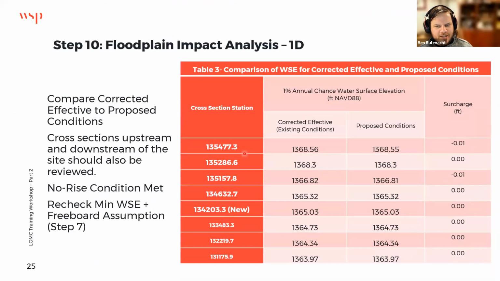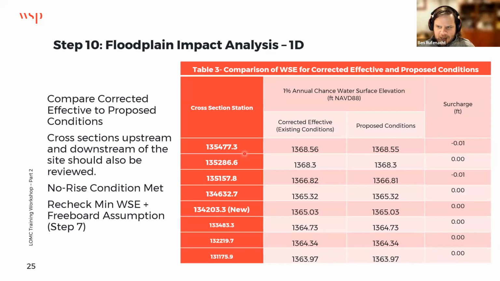So we change the cross sections in our model. We rerun our proposed conditions model, and we need to compare this to our corrected effective, which is our existing conditions model.